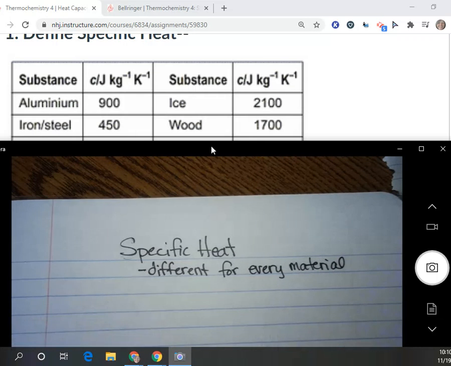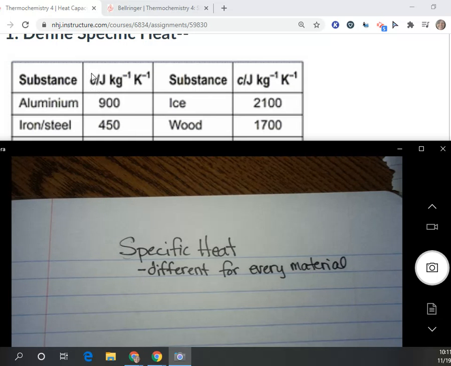All right, let's look at those numbers a little more carefully. We use different symbols for specific heat. Some people will use C, some people will use CP, and some people, like we'll see with Professor Dave, use an S. But let's look at the unit we have. C is in joules per kilogram Kelvin.